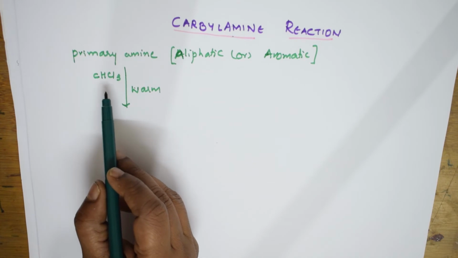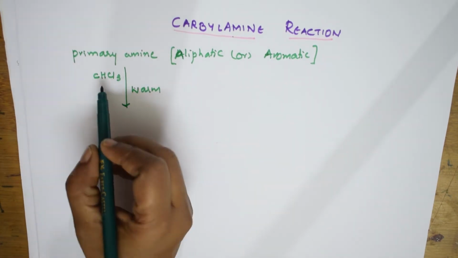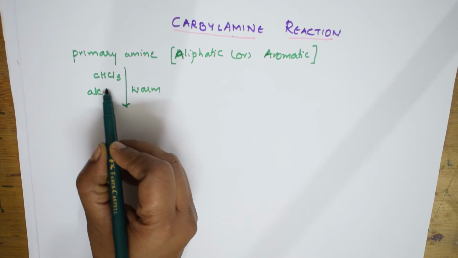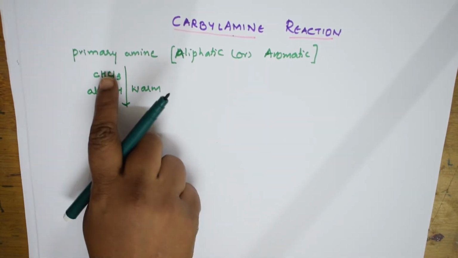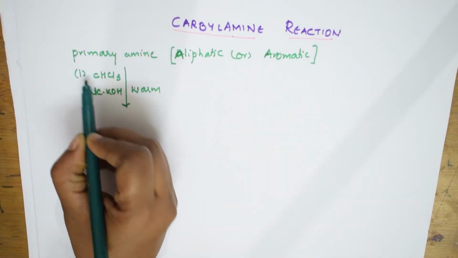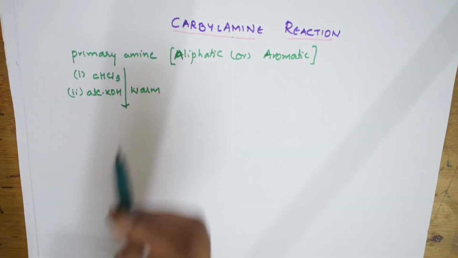Along with that, alcoholic KOH also you can use. So it can be warmed with both, and I'm writing alcoholic KOH also. So the basic requirement when we write the reaction is these: primary amine, chloroform, alcoholic KOH.